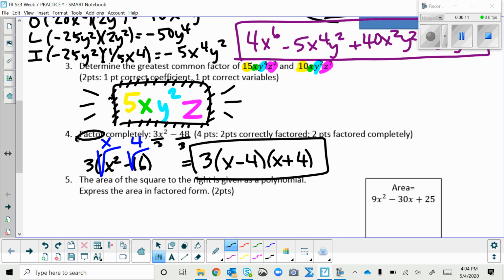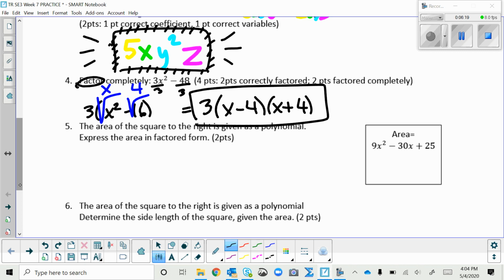And factor means you just leave it in factored form. Stuff that's being multiplied. Number 5, we are going to factor that area right there. First, check for GCF. Do 9, 30, and 25 have anything in common? No. So we start with our cross method. What multiplies to AC?